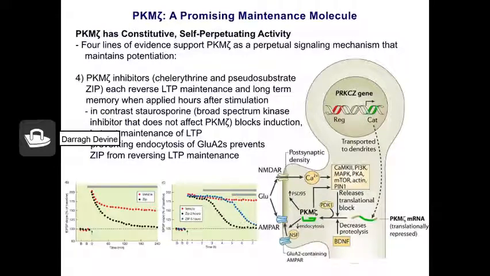And very importantly, protein kinase M-zeta inhibitors, known as zeta inhibitory protein, which we've already seen, or ZIP, and chelerythrine, each reversed LTP maintenance and long-term memory, even when administered hours after the stimulation or learning manipulation.